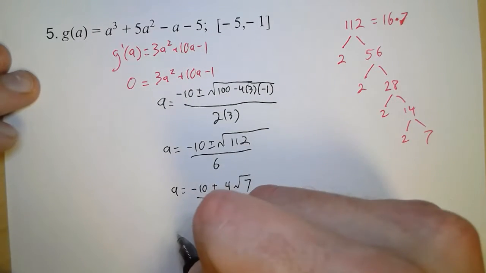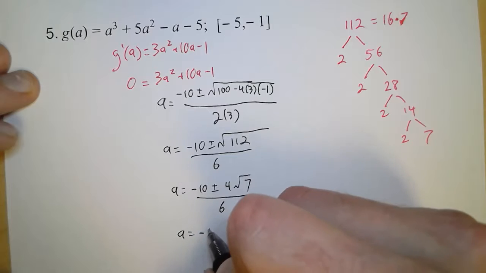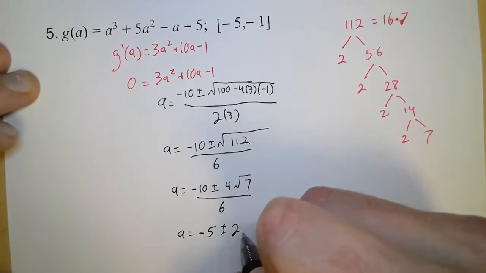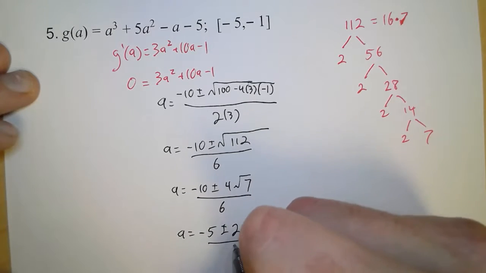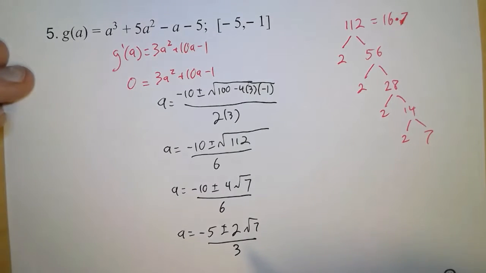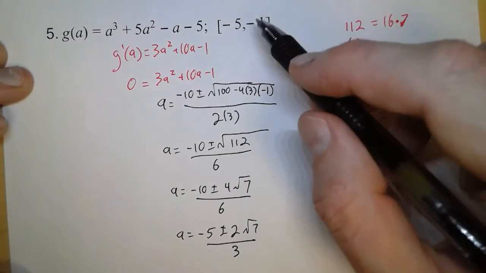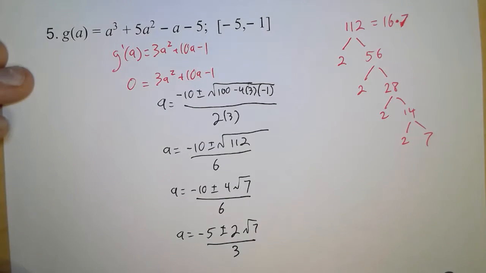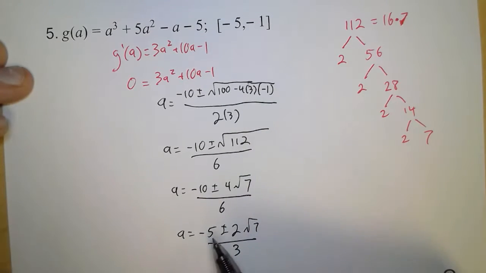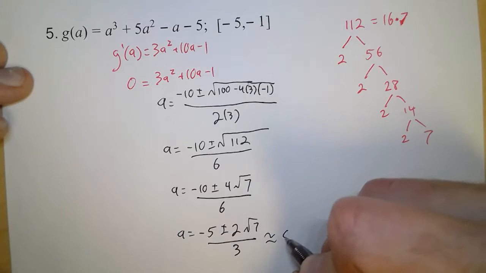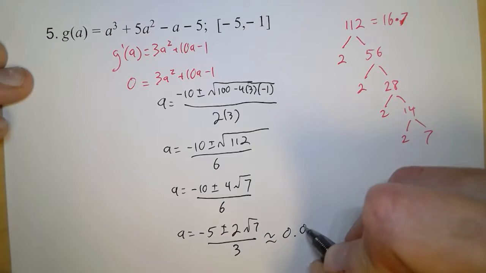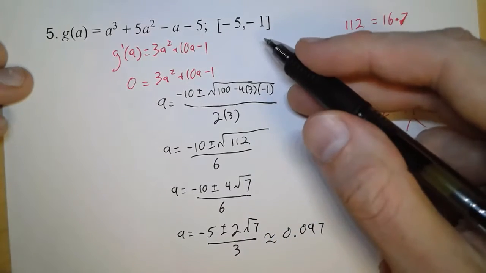And we can simplify by taking a 2 out of everything. So -5 plus or minus 2 square root of 7 all over 3. And those are the exact values. Now one thing to be aware of is you have to check whether both of these values fit into this interval, because it is possible that one value may be in the interval and the other not. So if I take -5 plus 2 radical 7 over 3, I get approximately 0.097.